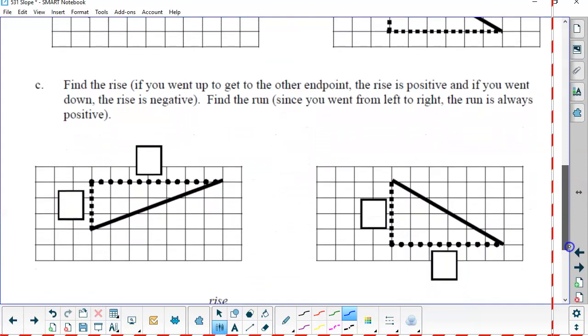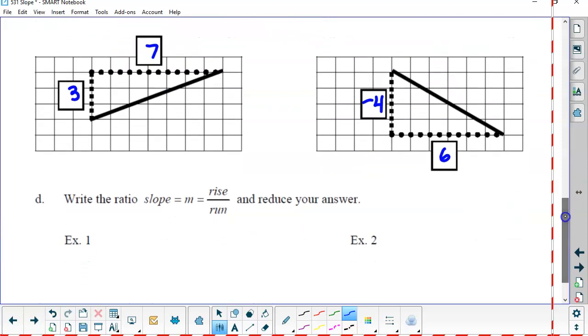So now let's fill that in with the values. So up 3, to the right 3, 6, 7. Okay. Here we're going down 1, 2, 3, 4. To the right 6. So we're going to calculate those slopes underneath.